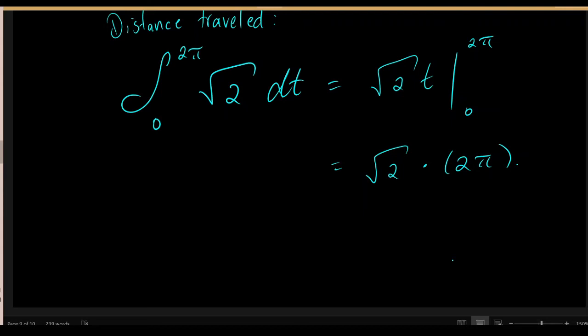Then we introduced arc length. Arc length is a general abstract math term. In the case that your vector valued function represents position, arc length is equivalent to the total distance traveled by the object. And that can be calculated just as in Calculus 2 by taking the integral of the object's speed, magnitude of r prime, from the initial to the final time.